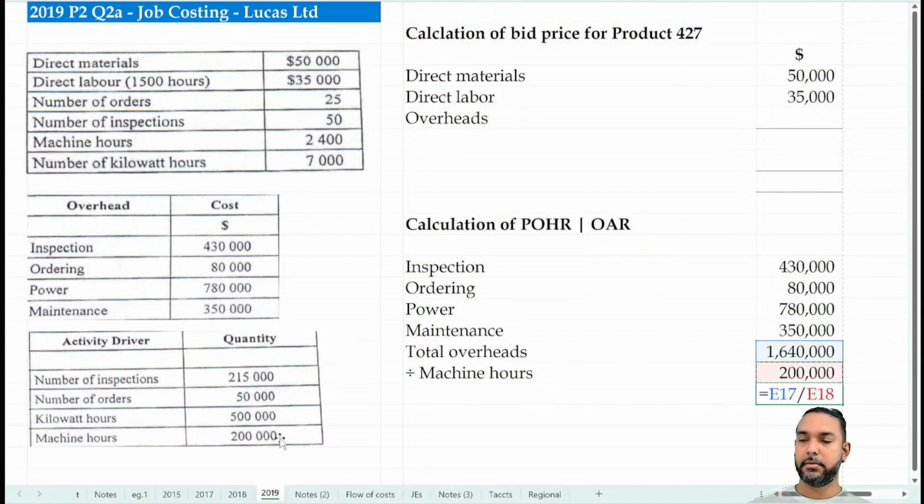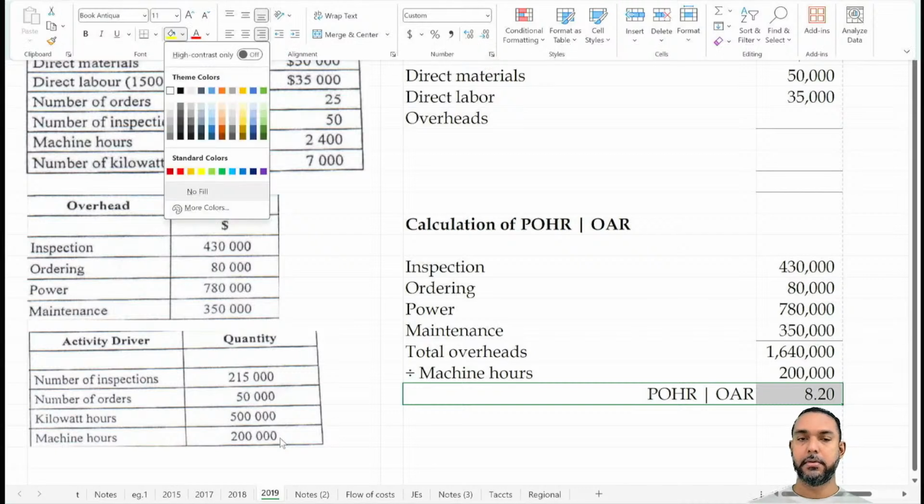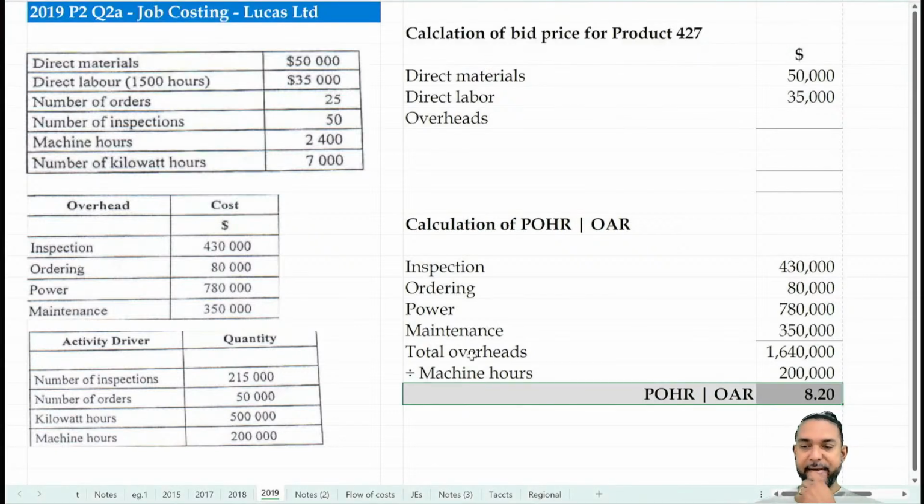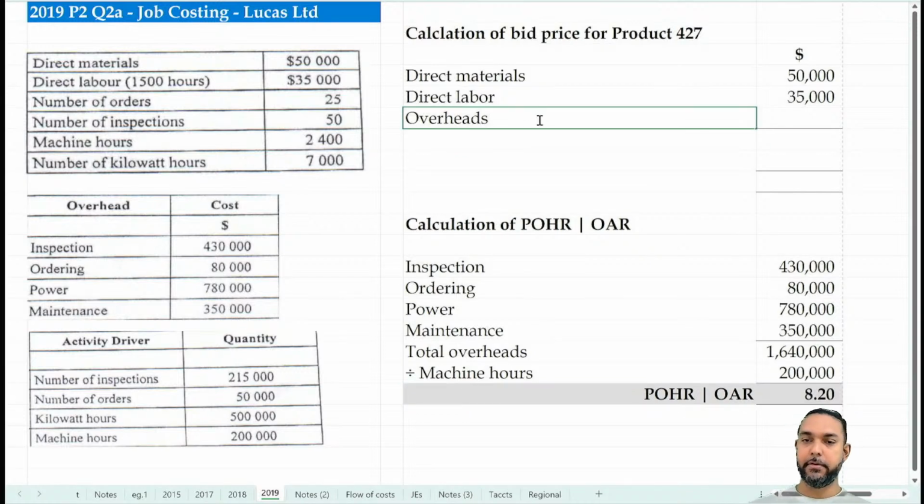Equals, right, so this here, that is your POHR or your OAR. And we're going to use that in conjunction with the 2400 machine hours for job 427.